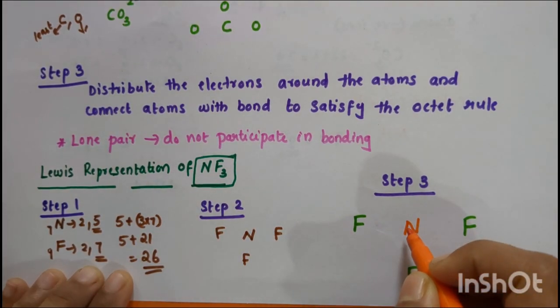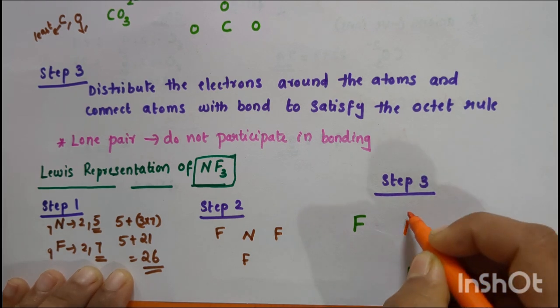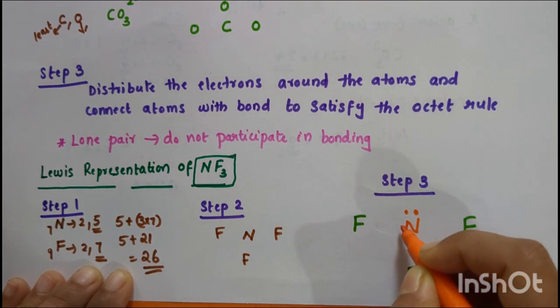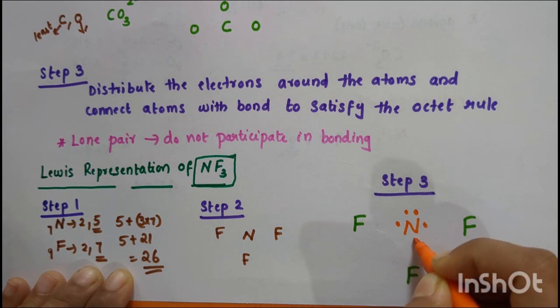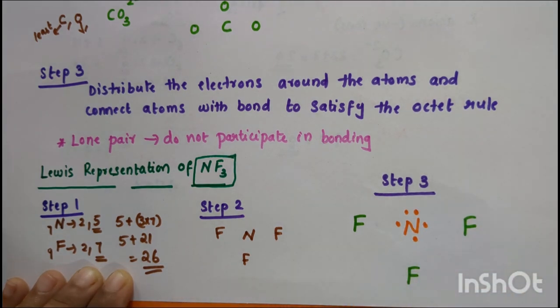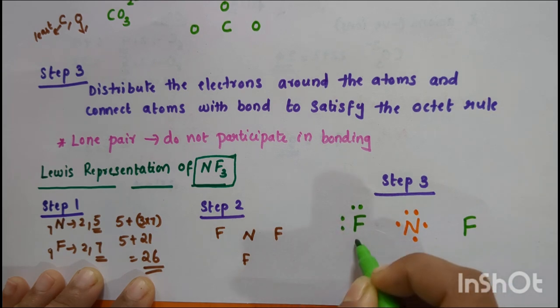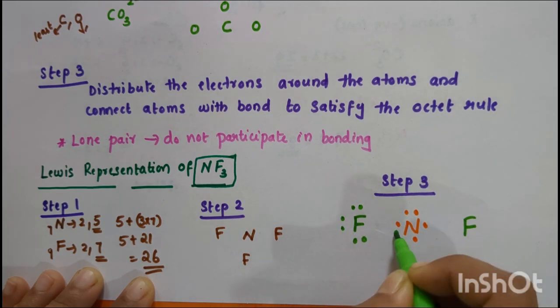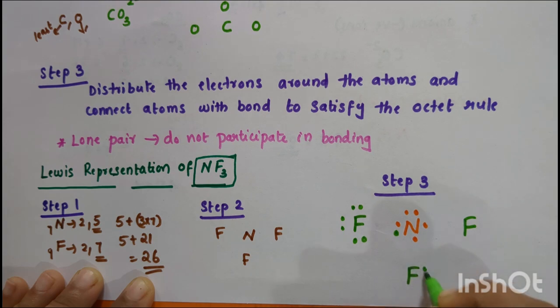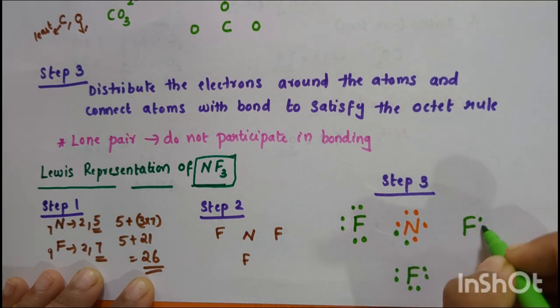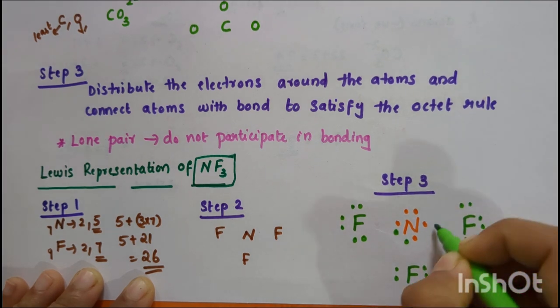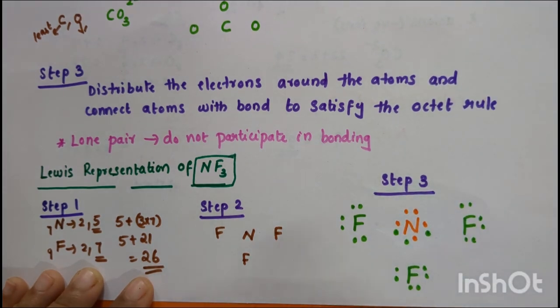Now step 3, distribution of electrons. Nitrogen has 5 valence electrons, so I am distributing the electrons around nitrogen. These dots represent the electrons. For fluorine, 7 electrons are there as valence electrons, so 2, 4, 6, 7, for each of the 3 fluorine atoms.